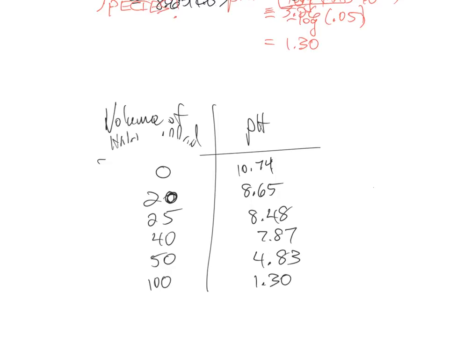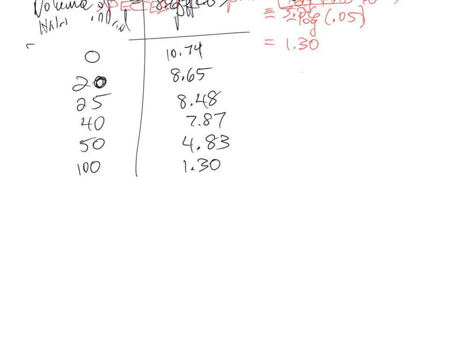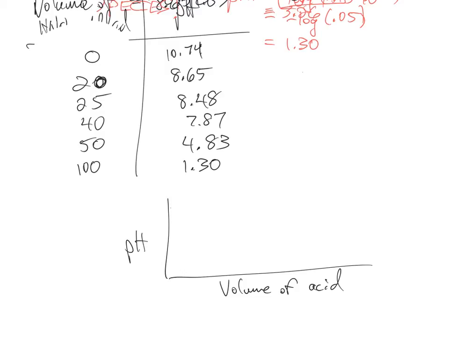You'll see that the pH changes unevenly. If we do a quick plot of this, pH against volume of acid, and you plotted pHs ranging from 0 up to 11, and volumes of acid added from 0 up to 100, we'd get a graph whose shape kind of looks like this, where the inflection point, the point where it changes from being curvy down to curvy up, is your equivalence point.